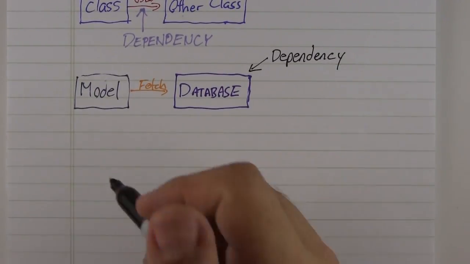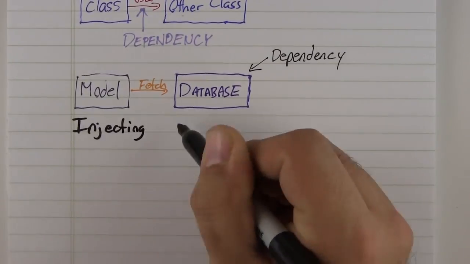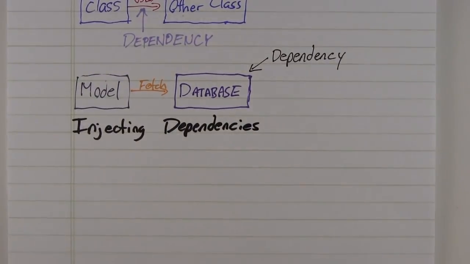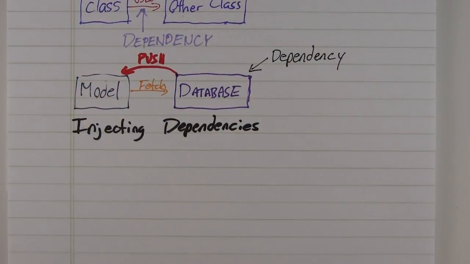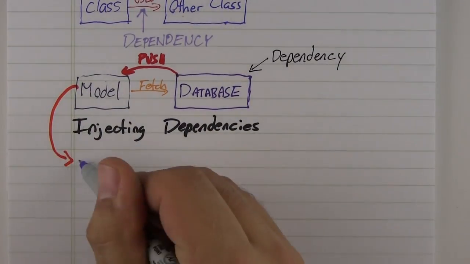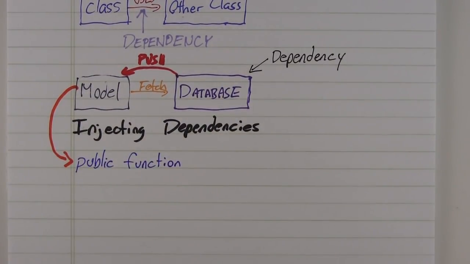So now that we know what a dependency is, let's talk about what it means to inject dependencies. Injecting dependencies just means that the dependency is pushed into the class from the outside. All that means is that you shouldn't instantiate dependencies using the new operator from inside of the class.